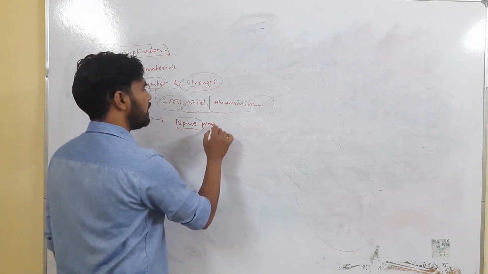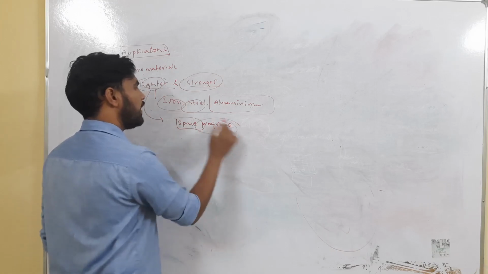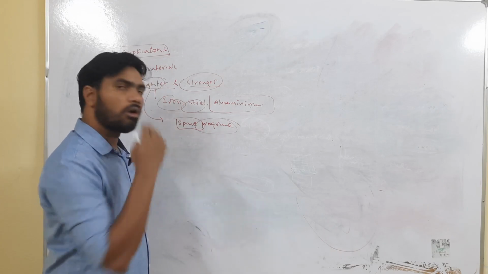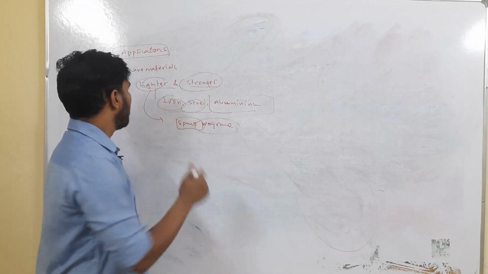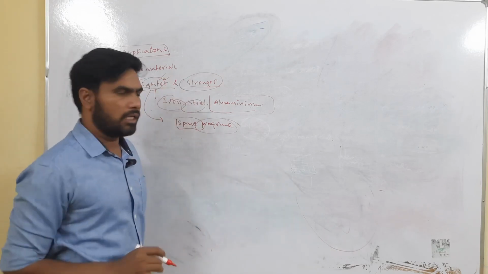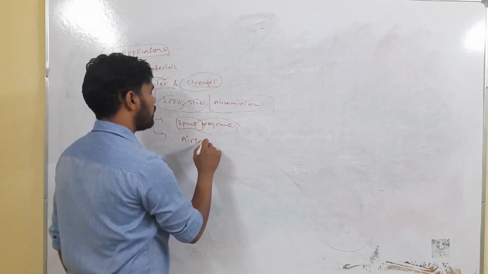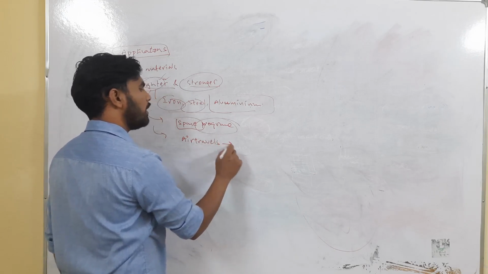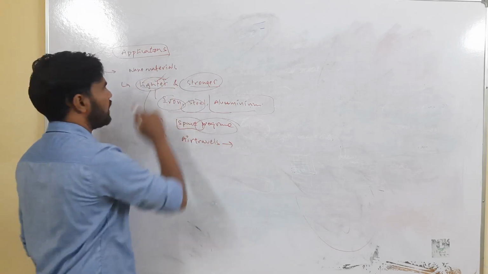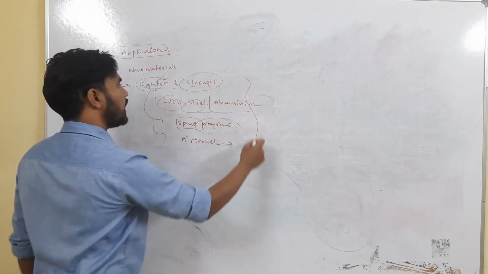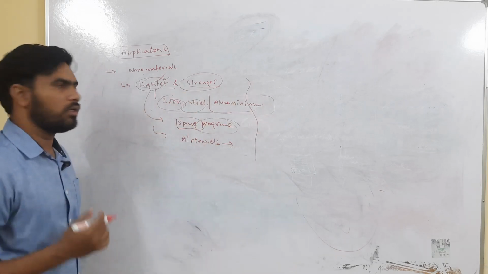We can easily produce rockets which are very strong but at the same time very light. Then air travel: we can build aeroplanes which are very light but at the same time much stronger. In this way the materials are going to be revolutionized.